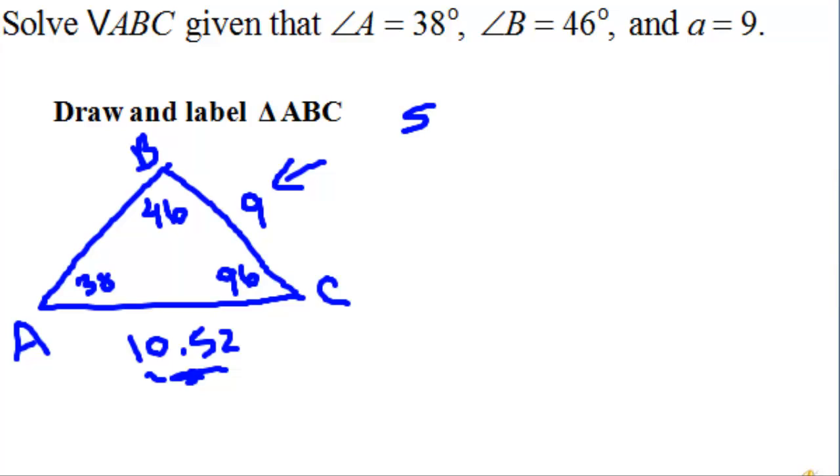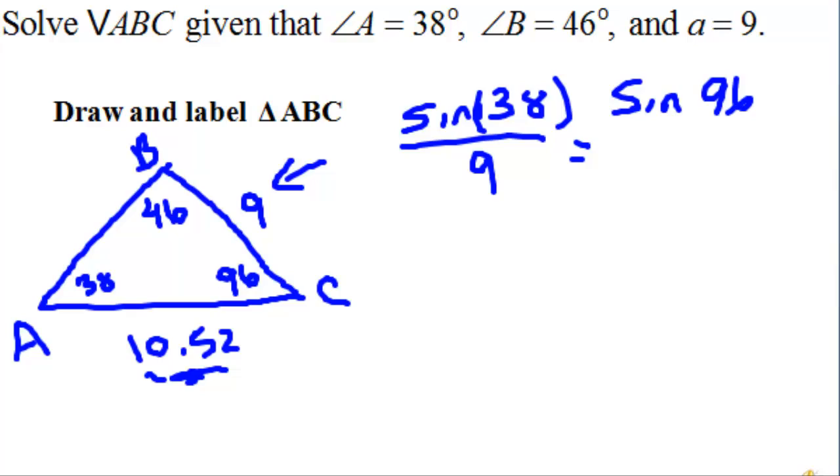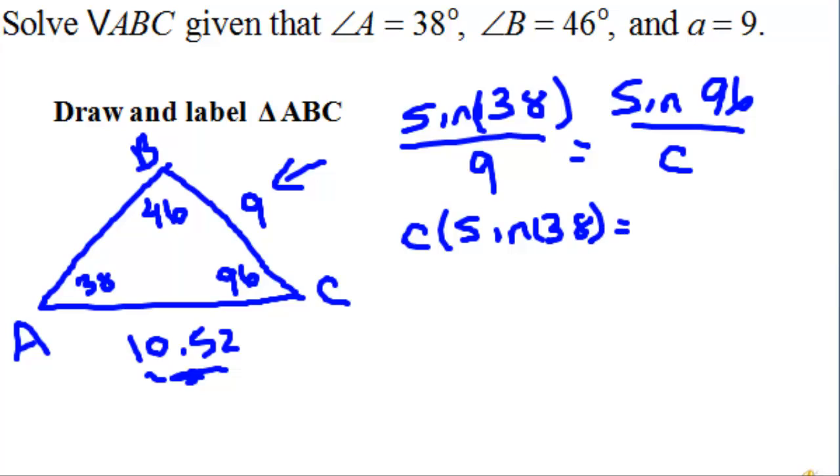So we'll take the original sine of 38 over 9 equal to sine of 96 over c. So we'll get c times sine of 38 is equal to 9 times sine of 96.